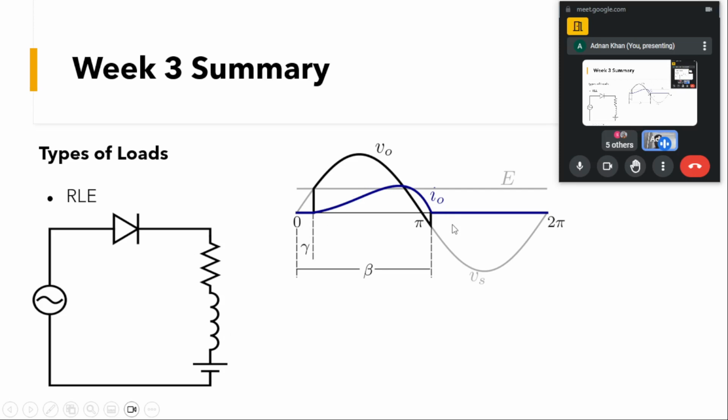That will be similar here, only the start of conduction is delayed due to this E. The higher the E, the higher this gamma angle, and here beta is the point at which conduction will stop. I had already discussed that this load can be a DC motor or a battery bank with some resistance, and due to this RLE, due to this E, the point of natural commutation is changed.